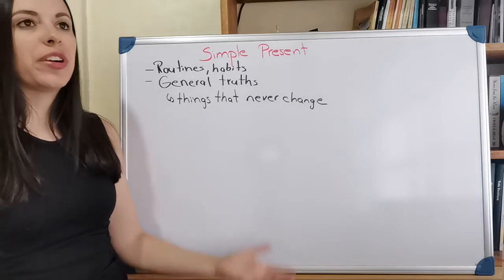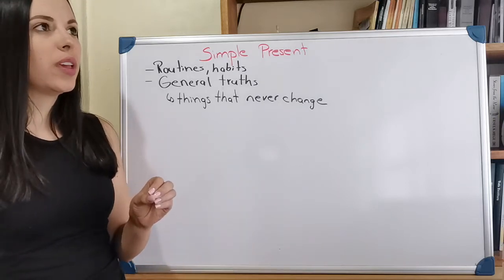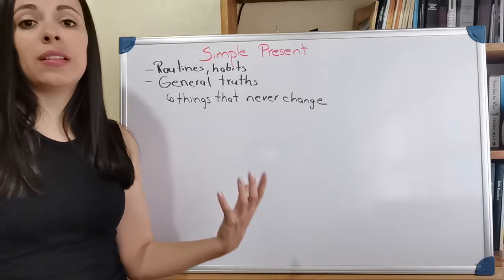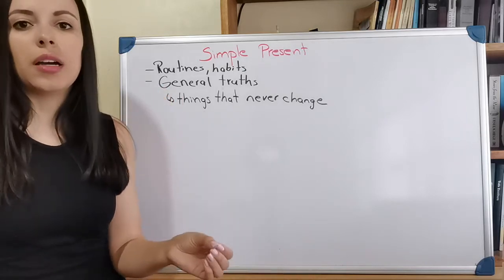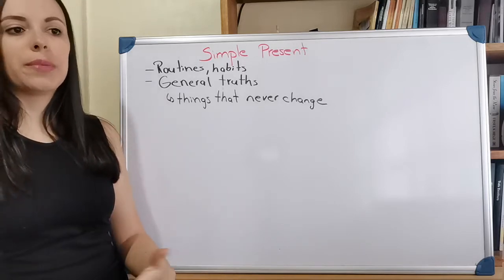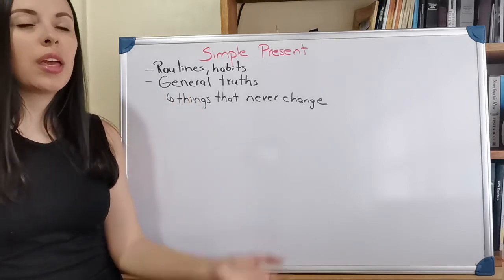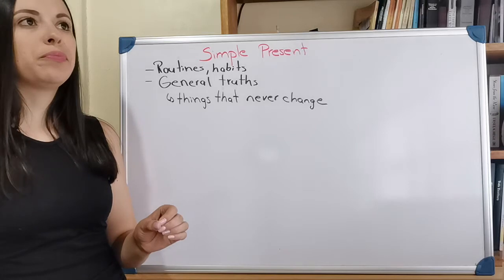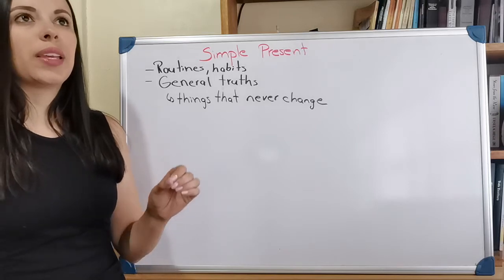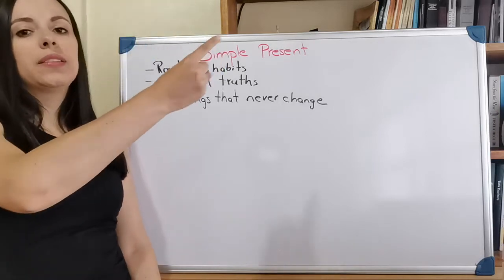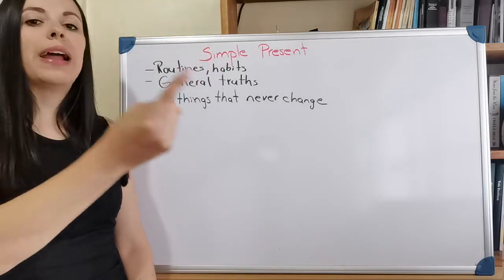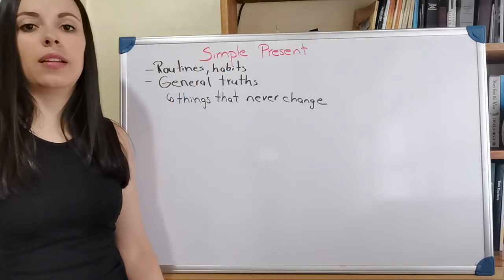It's always like that. For example, we can say that it rains a lot in Costa Rica. That's a general truth in Costa Rica. It rains a lot. Okay, so I'm using simple present because that's something that is a general truth. We can also say that the Earth, the planet Earth, rotates around the sun.